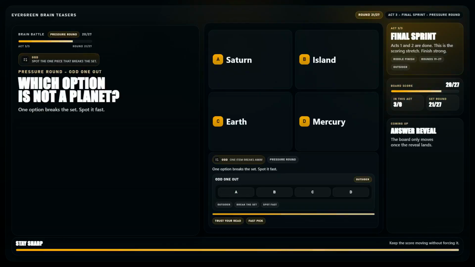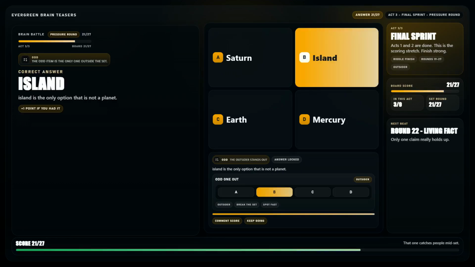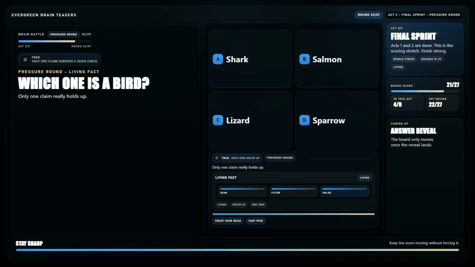Outsider switch. Which option is not a planet? Island. That is the outsider. 3 belong together. Back switch. Which one is a bird?